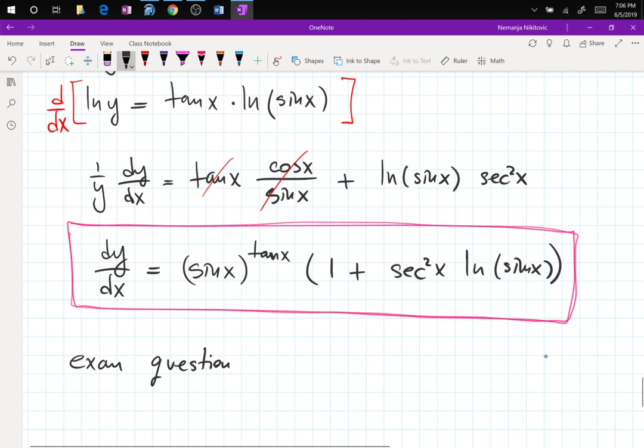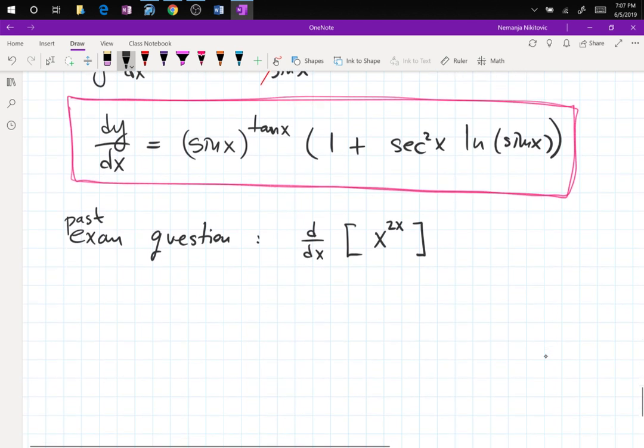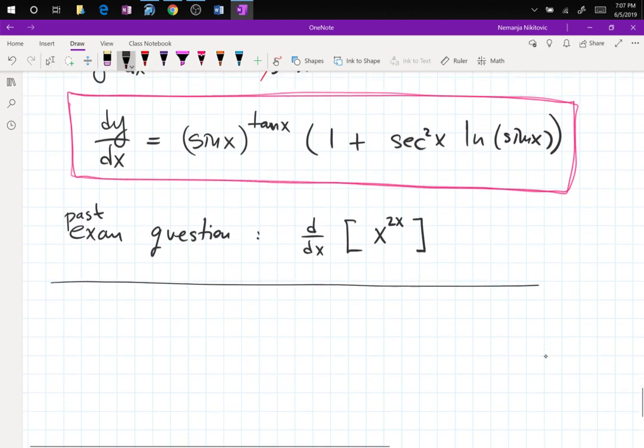Exam question from 2 years ago? 3 years ago? Past exam question. How about that? And you will practice that at home.